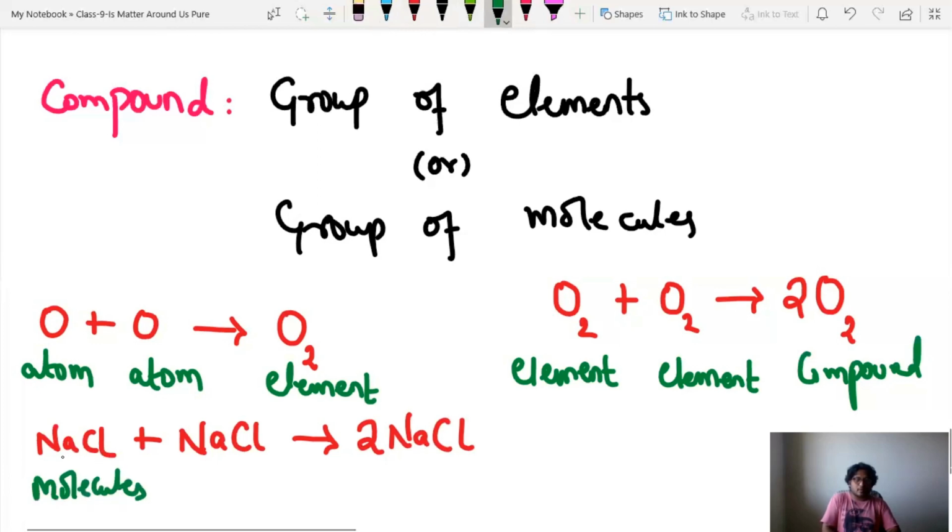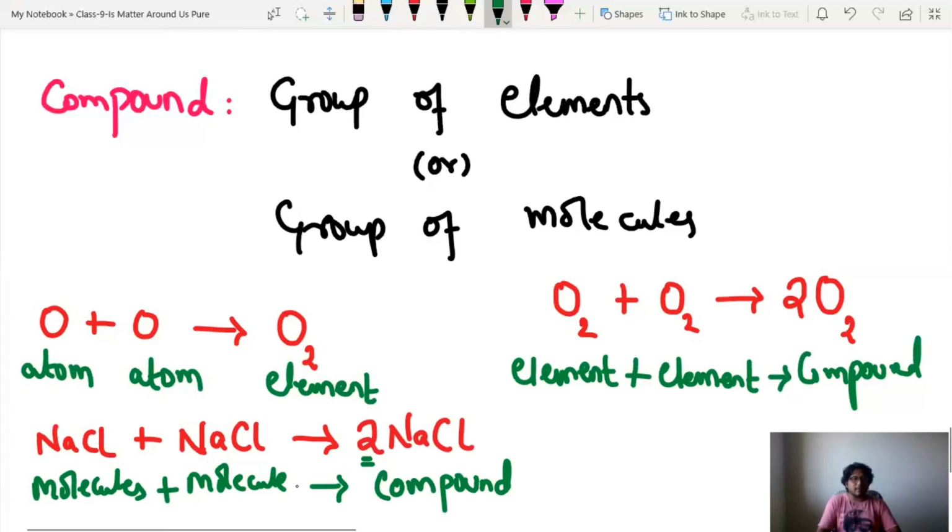Because it is a combination of different atoms. This NaCl is also a molecule because it is also a combination of 2 different atoms. Now molecule plus molecule gives rise to compound. Now how many sodium chlorides are we taking? 2, means it is a group only, right? So it is a compound. Like that, element plus element is a compound, molecule plus molecule is also a compound.